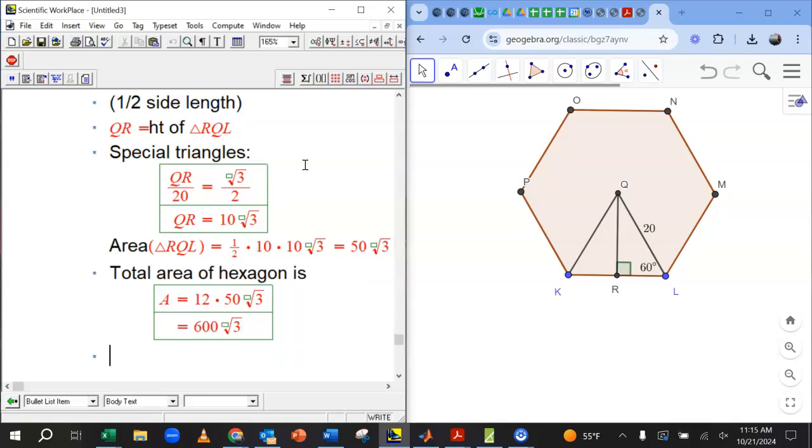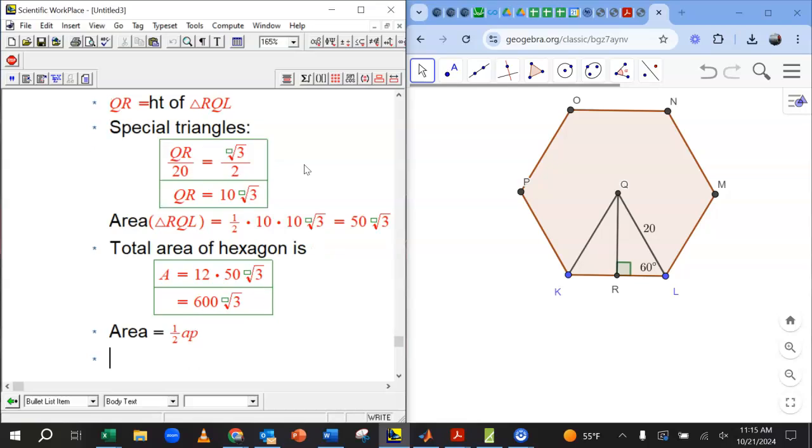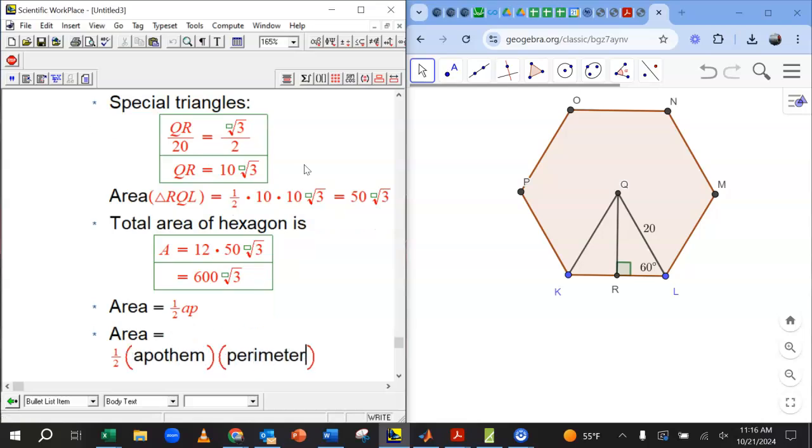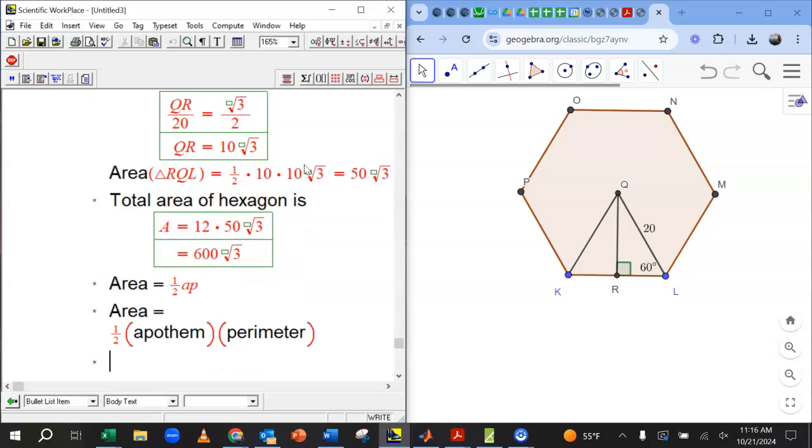Now there's a little shortcut here, a master formula that says the area of a regular polygon is just always 1/2 of the apothem times the perimeter. Let me write that out, with the words apothem times the perimeter. And that just makes it ever so slightly quicker once we've got that information.